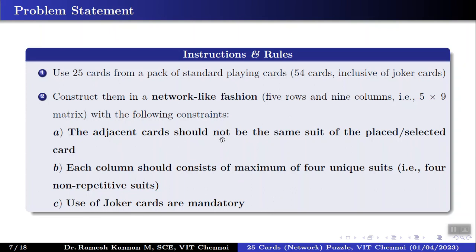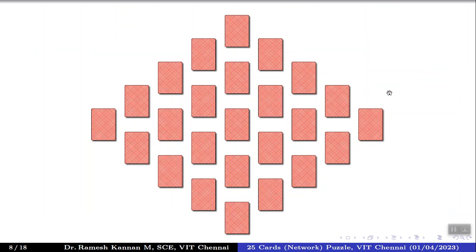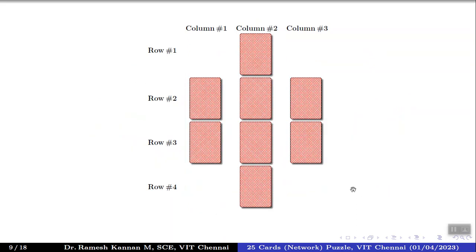Let me explain these rules with some graphical representation. This is how the final layout of the 25 card trick will probably look. I've kept all the cards face down so that it gives you a clear idea of the layout of this card puzzle. Here we have column 1, column 2, column 3, and row 1, row 2, row 3, and row 4.